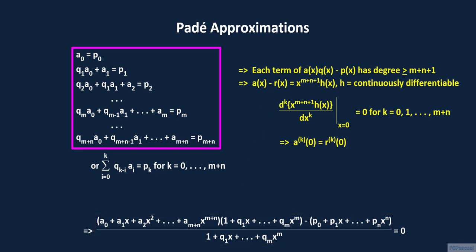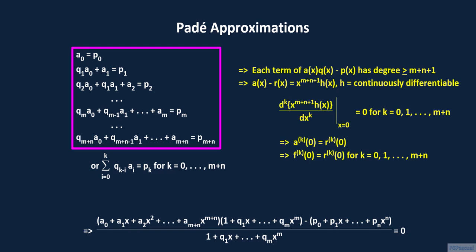And since a of x is the degree m plus n Maclaurin approximation of f of x, the kth derivative of a of x at x equals 0 is the kth derivative of f at x equals 0. Therefore, the kth derivative of f at x equals 0 equals the kth derivative of r at x equals 0 for k equals 0 to m plus n. So we have just shown that the Padé approximation satisfies the requirement that we had imposed on it at the beginning of this lecture.